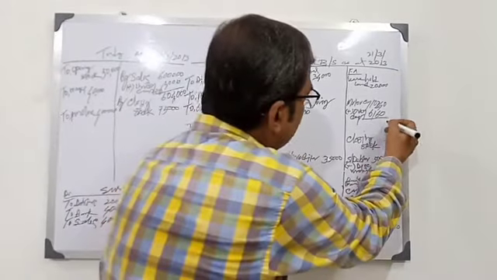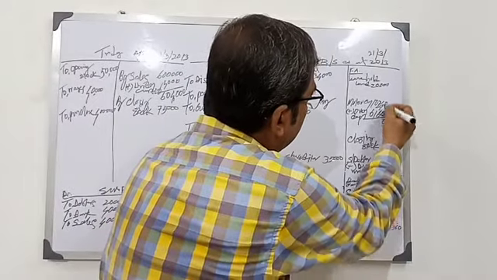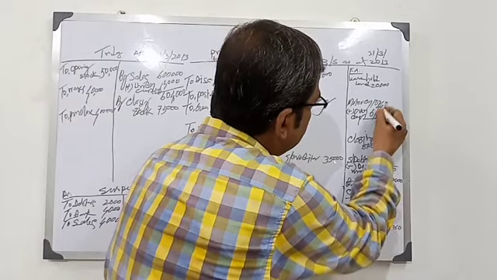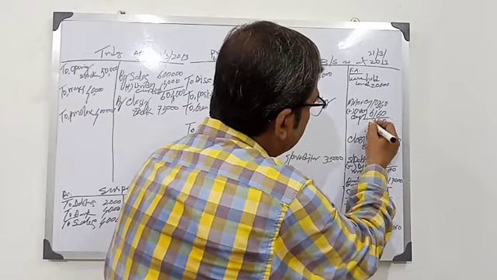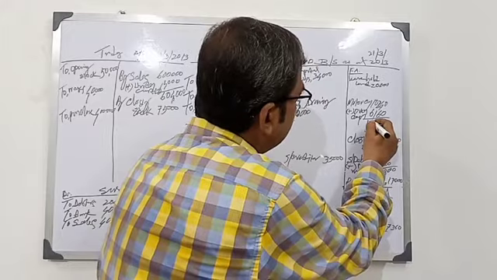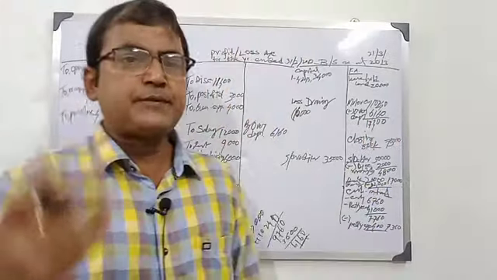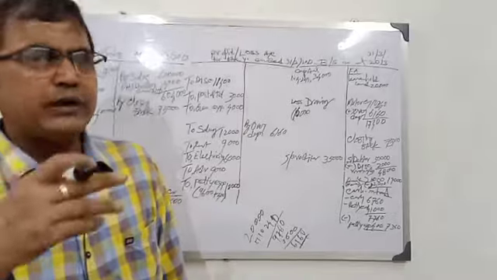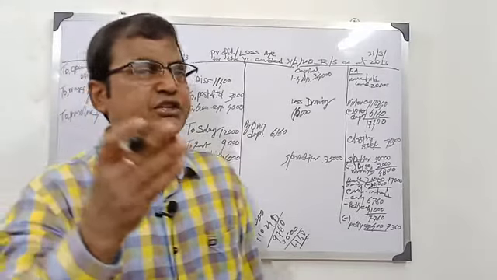Now remember, 6% of 20,000 is 1200, for 3 years 1200 each year, so 3600.